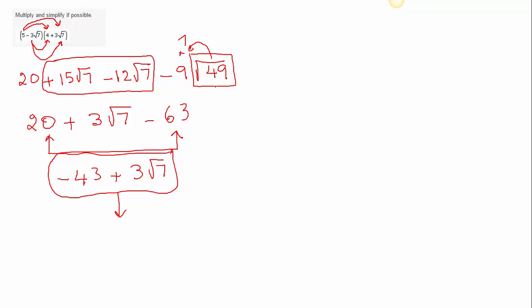But square root of 49 is 7. We take the 7 outside, multiply it by negative 9. That's how we got the negative 63. 15 square root of 7 minus 12 square root of 7, we subtract the coefficients. 15 minus 12 is 3 square root of 7. 20 minus 63 is negative 43 plus 3 square root of 7 as the final answer.